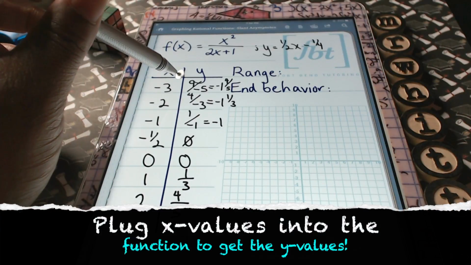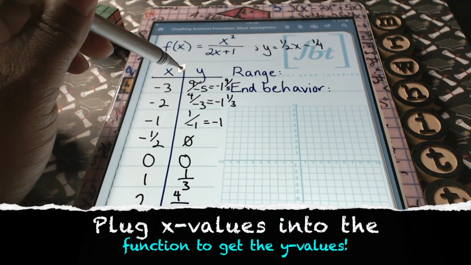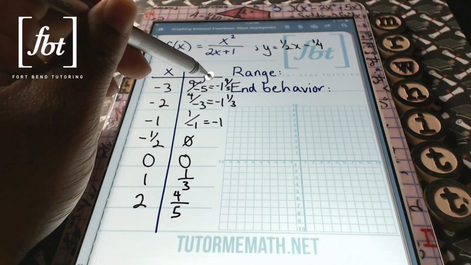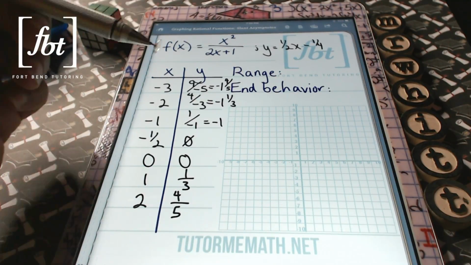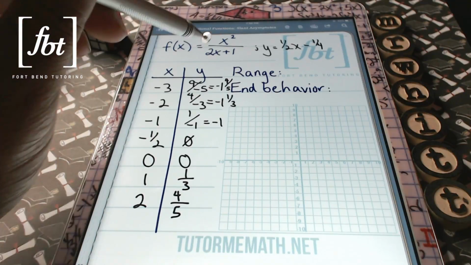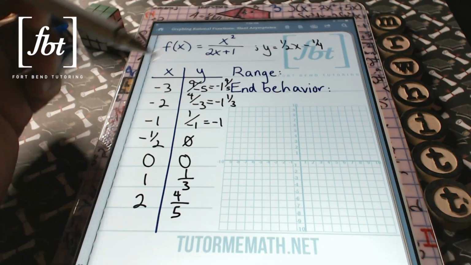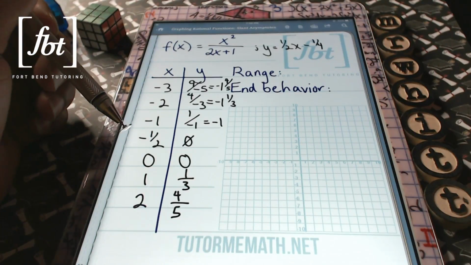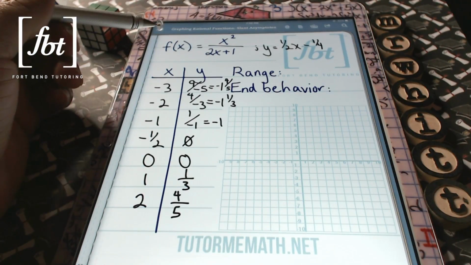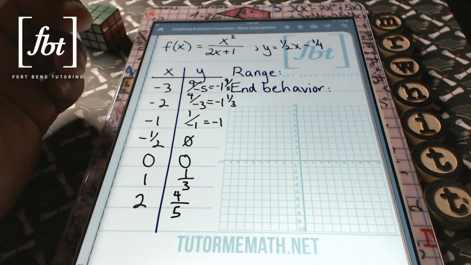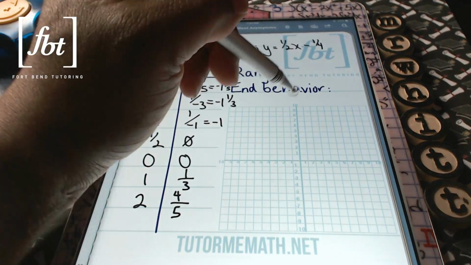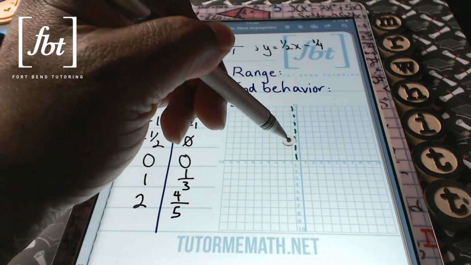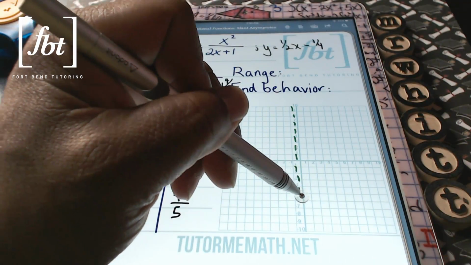From time to time, some of your y values may be improper fractions, so since we're actually graphing this function, you might find it beneficial to change those into mixed numbers as I do, because for me it's easier to locate these points on the Cartesian plane if I'm dealing with integers and mixed numbers. All right, so that being the case, let's begin by graphing our vertical asymptote. So I'll have a dashed vertical line representing our vertical asymptote, x equals negative 1/2.